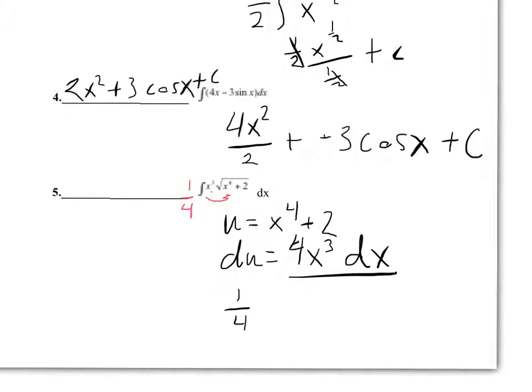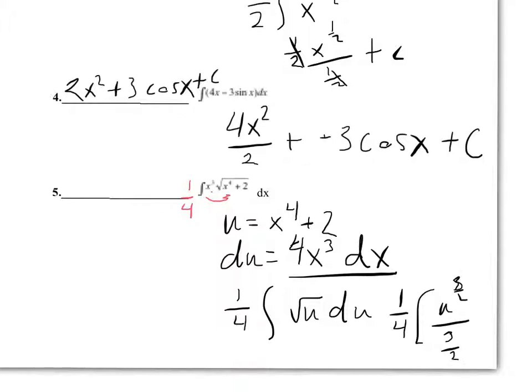So then I have 1/4 the integral of the square root of u du. Okay, well the integral of the square root of u is just 1/2 u. So we have 1/4 and then times u to the 3 halves over 3 halves plus c.